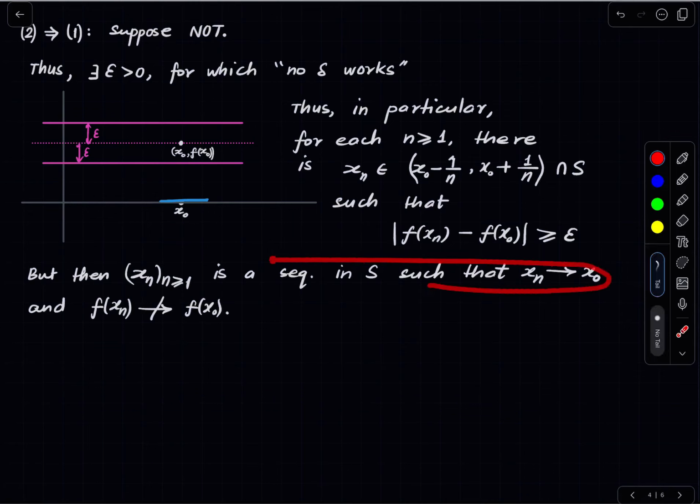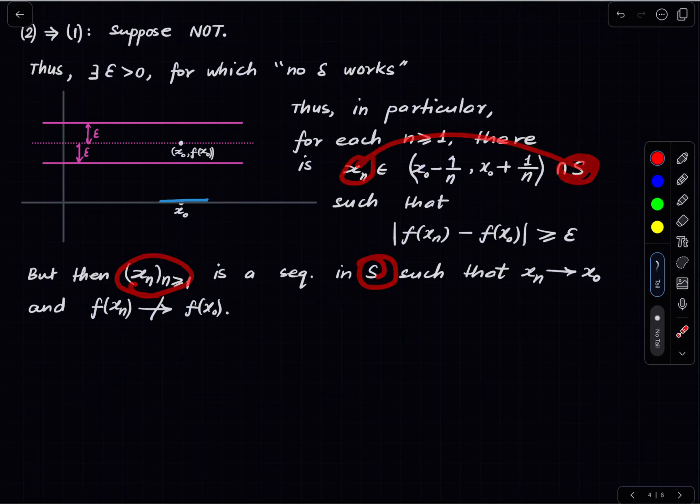So why is this the case? Well, xn is in the 1/n neighborhood of x0, and as n increases, this neighborhood shrinks. So xn converges to x0. This you should be able to immediately see. xn is a sequence in S simply because each xn is in S. So xn is a sequence in S such that it converges to x0.